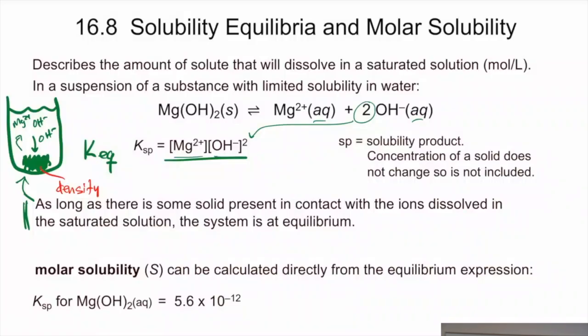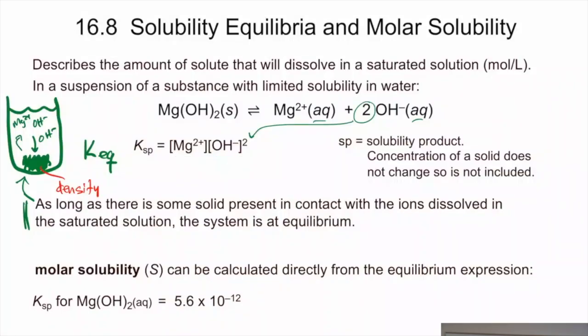It's the same argument that we had with water and why H2O was not in the mass action expression. The concentration of water, the molarity of it actually, is the same regardless of how much water you have. Or you can use that as a density argument as well. So we don't include that. I would write it here for you and say don't put it in your notes because I'm going to cross it out, so I'm going to save us that trouble.